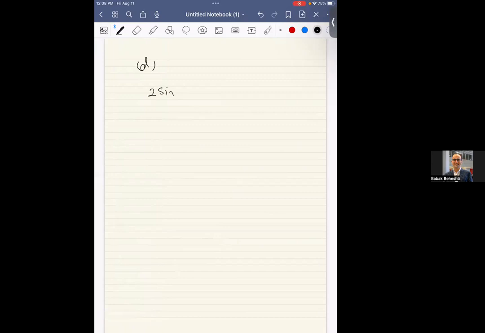Two times sine squared x plus sine x minus 1 equal to 0.